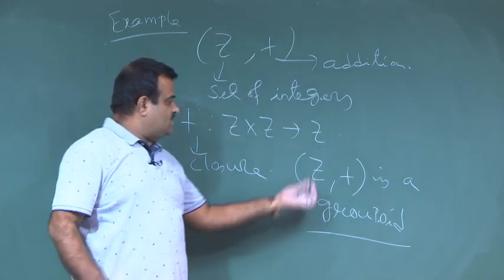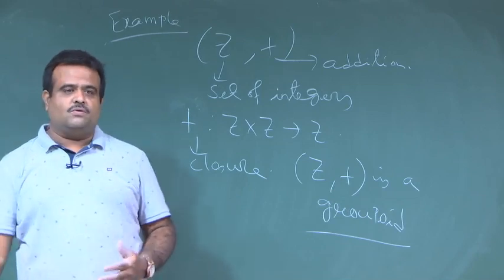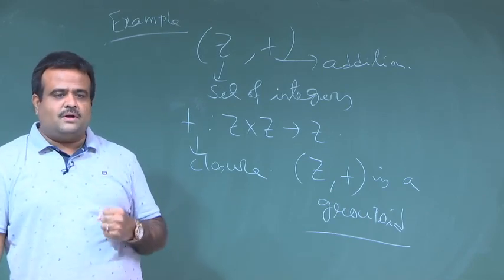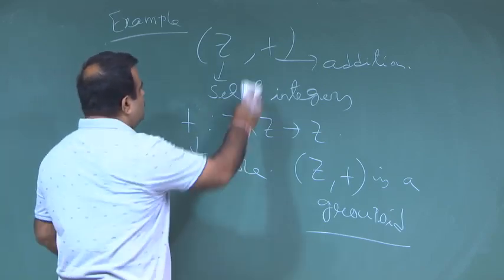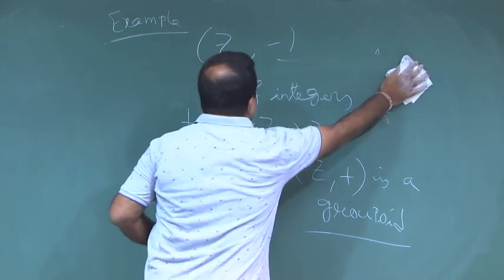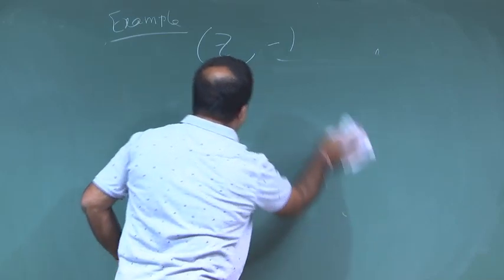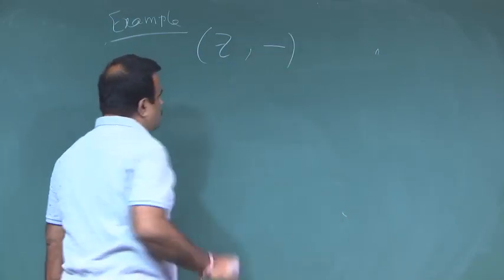This set along with this operator is called a groupoid. So, this is an example. Even subtraction on Z is also a groupoid.